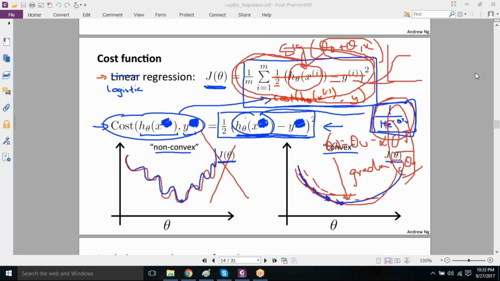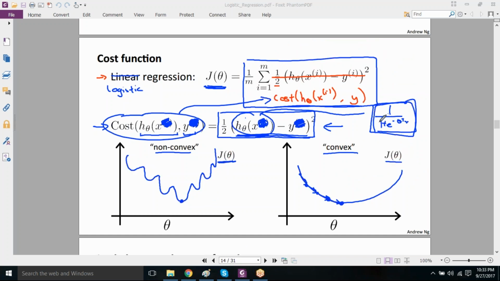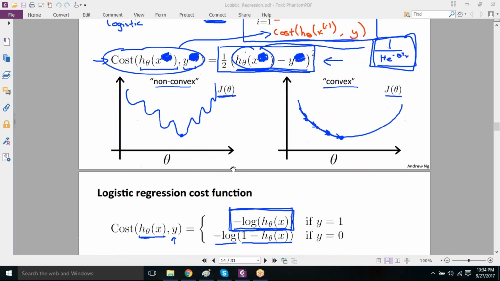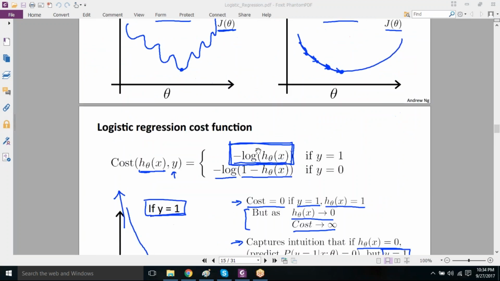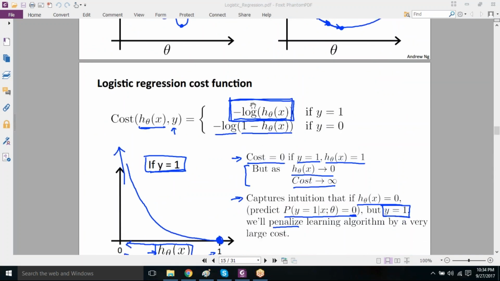This error term was no more valid, and they said we cannot go with this error function. They tried plotting it and found it like that. So this is the logistic regression cost function.